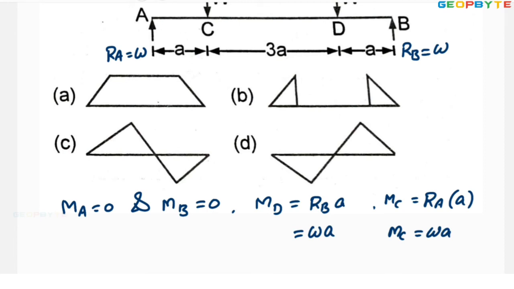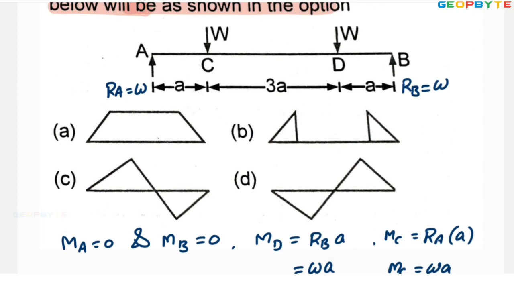At D and C, bending moments are remaining same. In between there is no loads. Since there is no loads in between, bending moment remains constant. In this region, bending moment M remains constant. With that information, you can select the option.